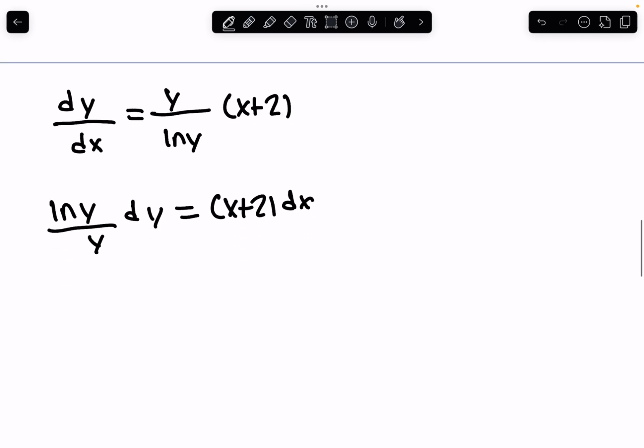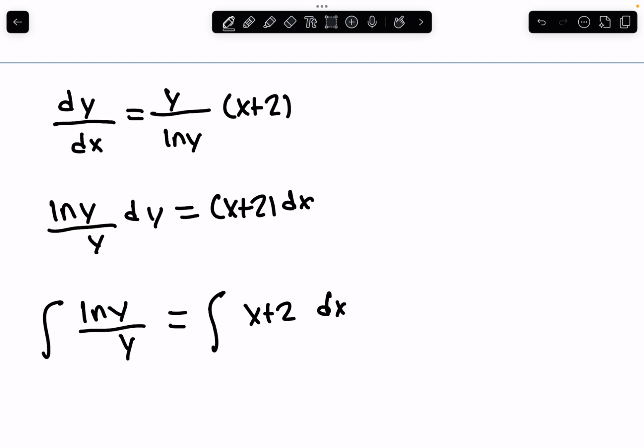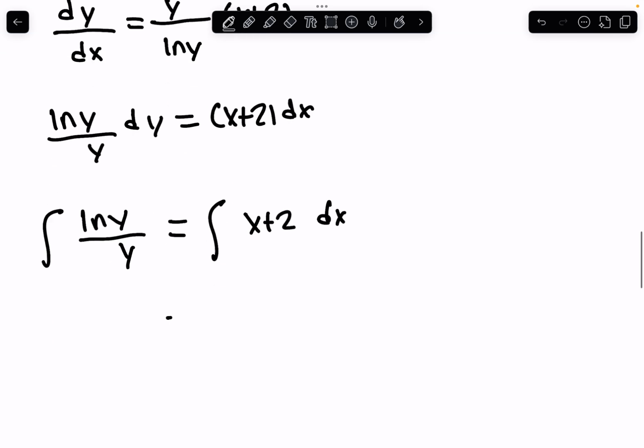Integrate now, so we get the integral of ln y over y equals, oh sorry, the integral of x plus 2 dx. So this side we can just simplify. We know the integral of x plus 2 is very easy. It's going to be x squared over 2 plus 2x plus the integral constant c.